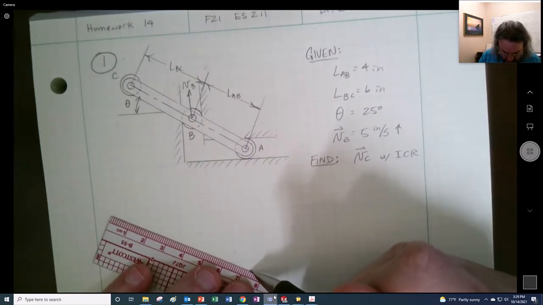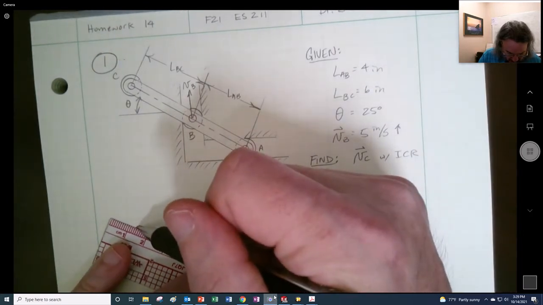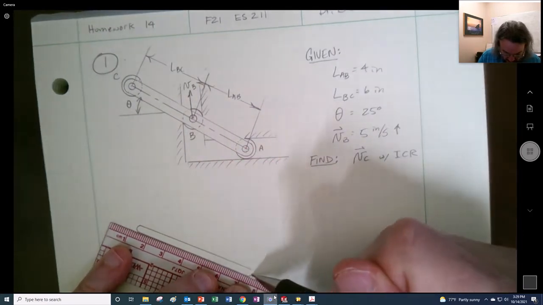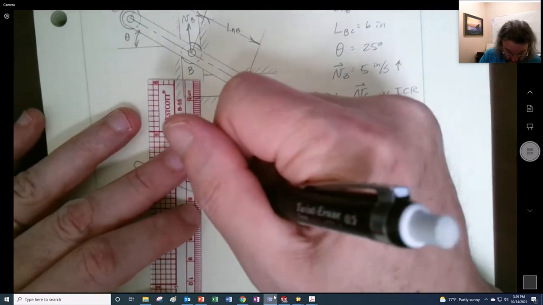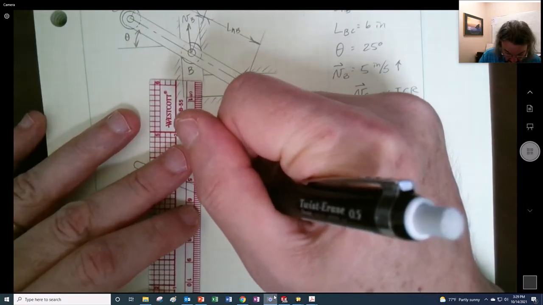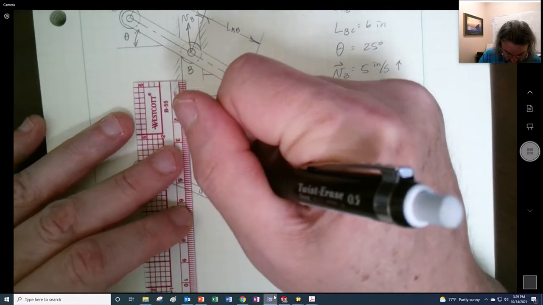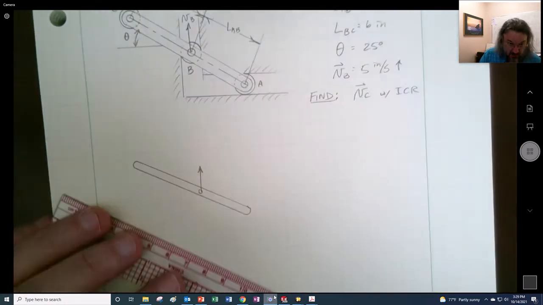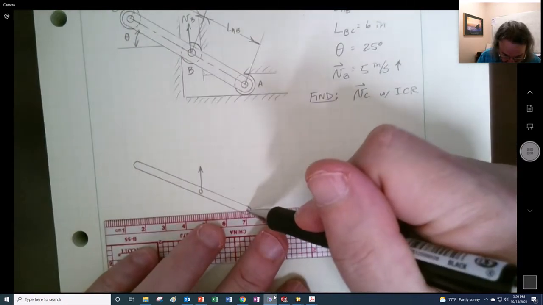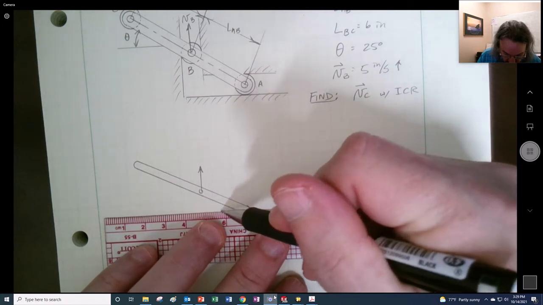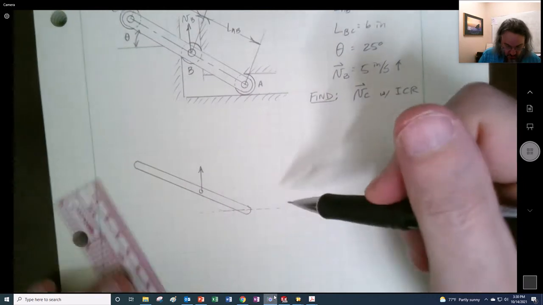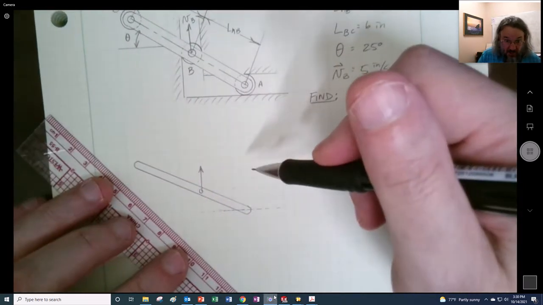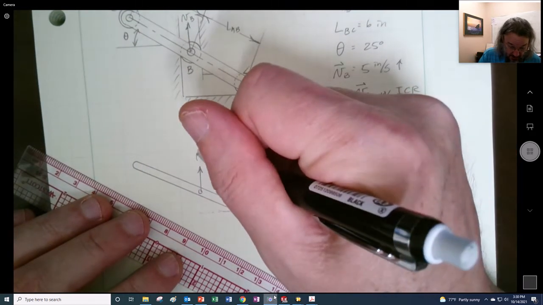So be careful to make a careful sketch of these. First off, I'll just draw this thing out. And I will put a velocity upwards here. Now, the velocity here is going to go horizontal. So what we want to do is draw lines perpendicular to their line of action, right?